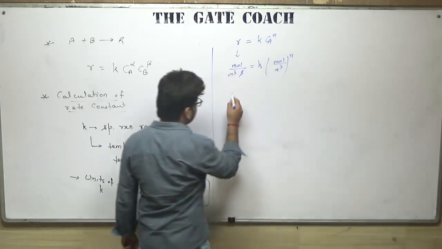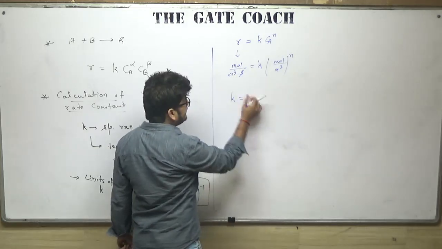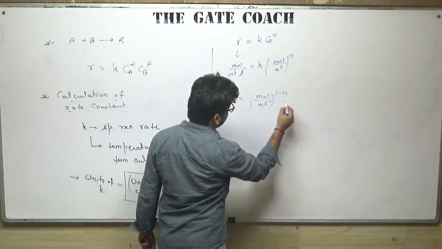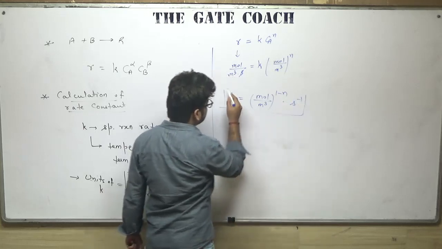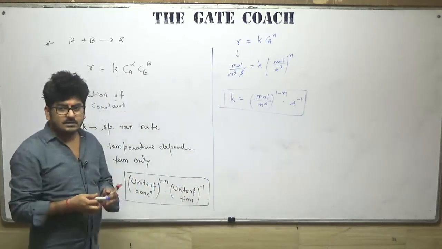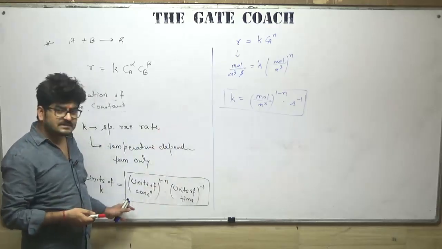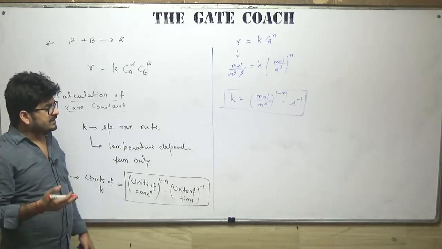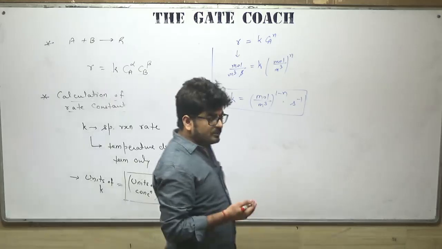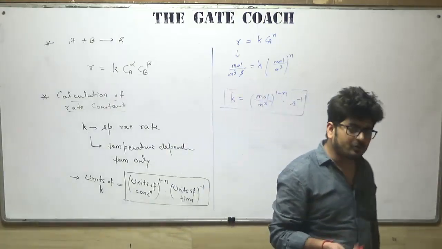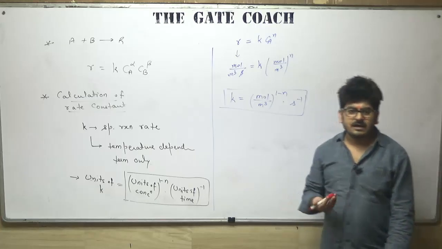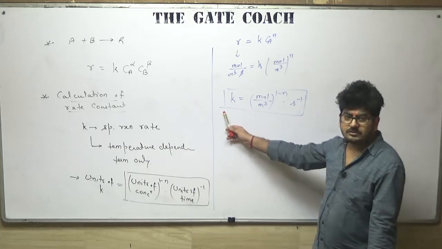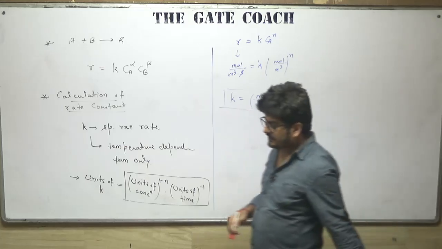So from there you can see that the units of K will be mole per meter cube power 1 minus n into second inverse. That is the units of K. If concentration and time are given in any other units like kilomole per meter cube, kilomole per cubic centimeter, mole per liter, and time is in minutes, hours, seconds, or even days, then we can find the units of K in the respective terms.